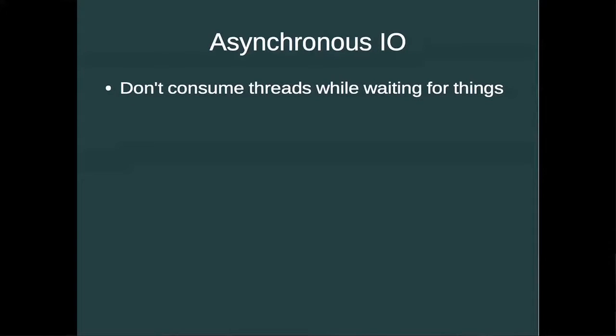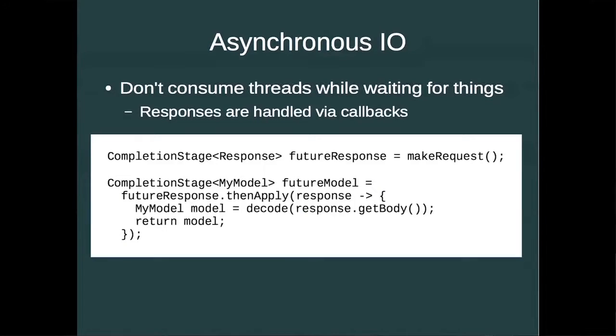So here's some code in Java 8. We're making a request. That request returns a future of a response or a completion stage. For those of you that haven't come across completion stage before, it's Java's, in a way that only Java can do, very long way of saying future or promise.